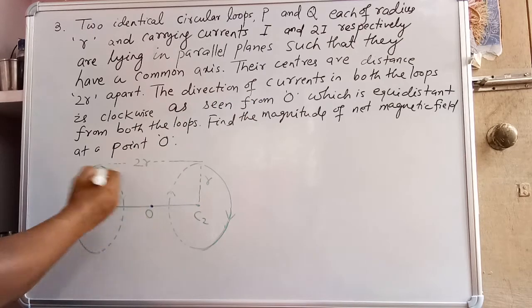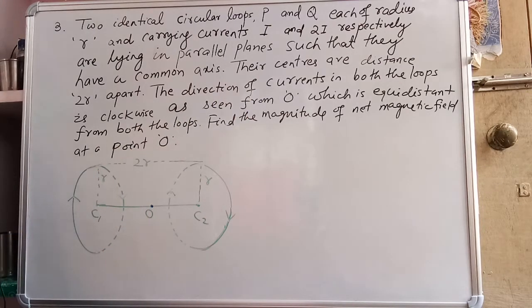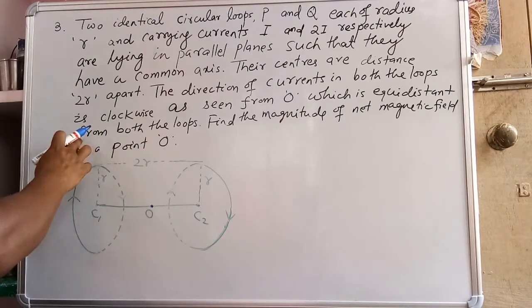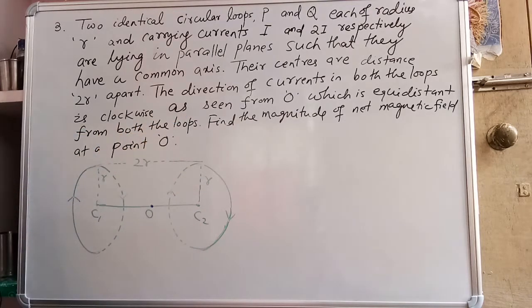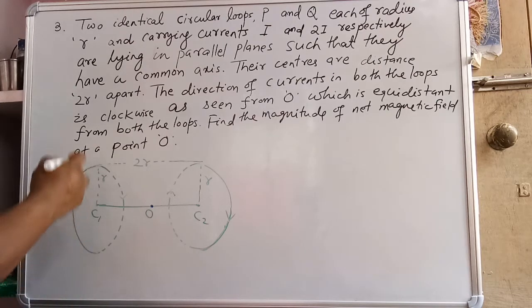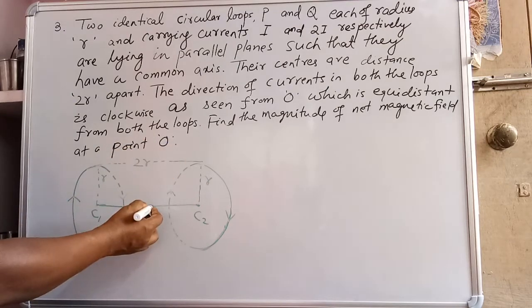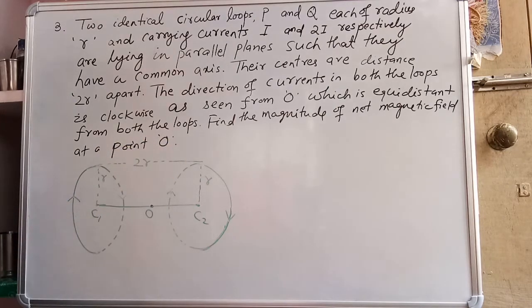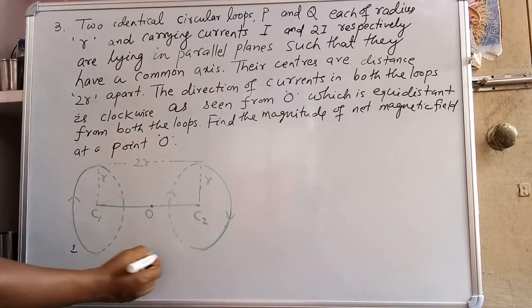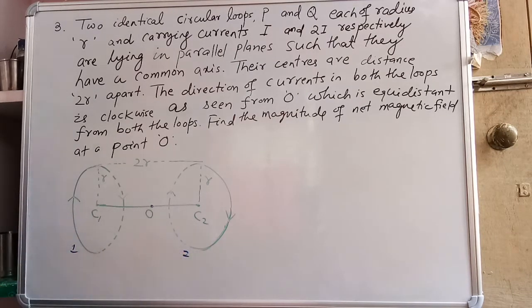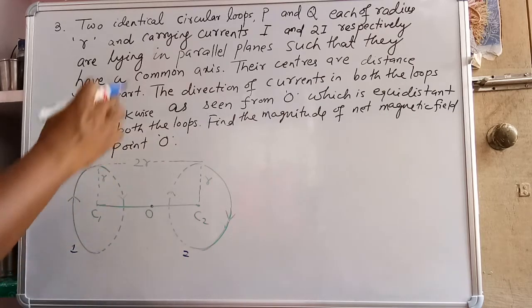See the center point between two coils, which is equidistant from both the loops. We have to find out the magnitude of net magnetic field at the point O. So in this case, we see that these are two coils, let's say 1 and 2, which are carrying currents.